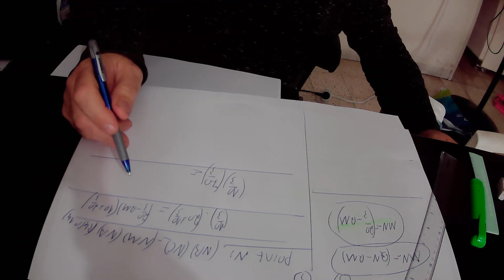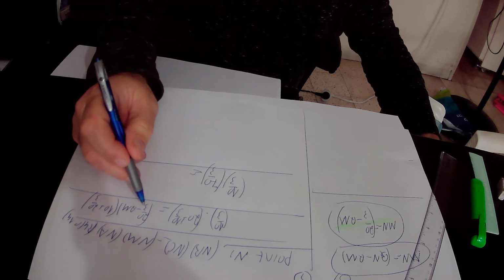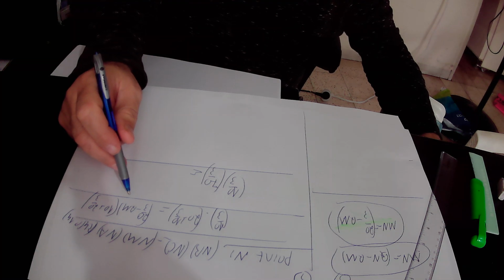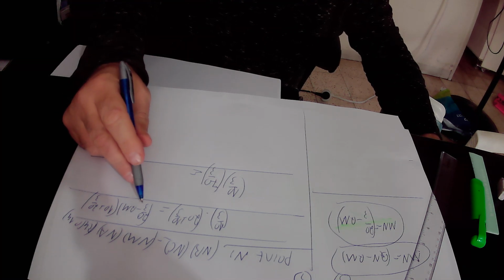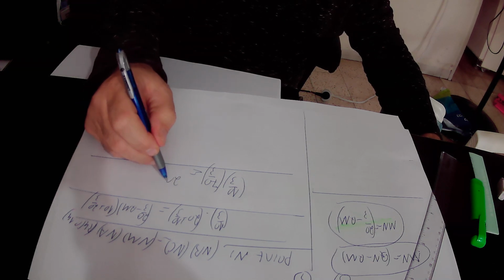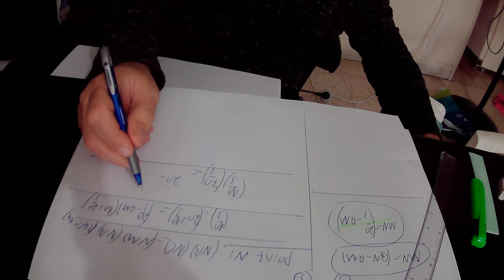20 over 3 minus Qm. Here we will multiply minus Qm by 3, and then we divide it by 3 in order to overcome factor with 20 over 3. And we get that in total, in the numerator we will have 20, and minus Qm times 3 is minus 3 Qm.